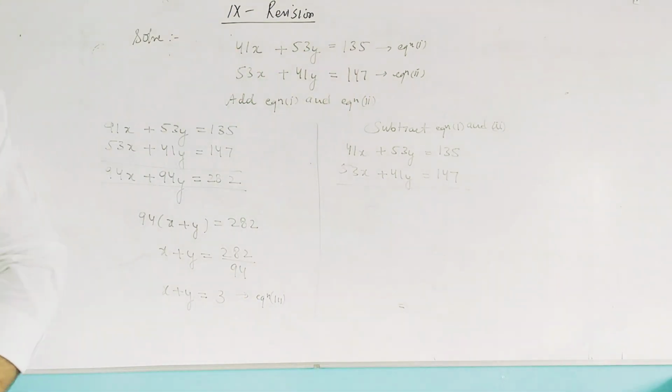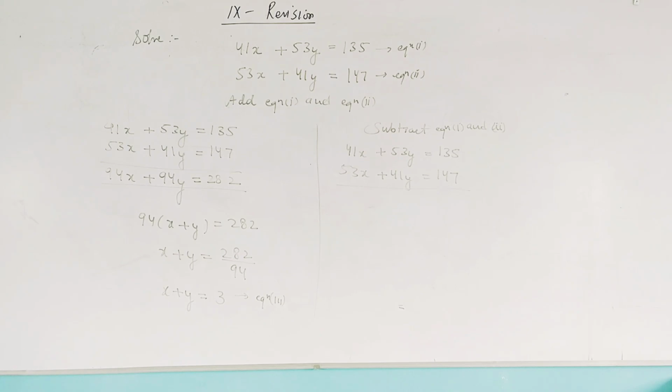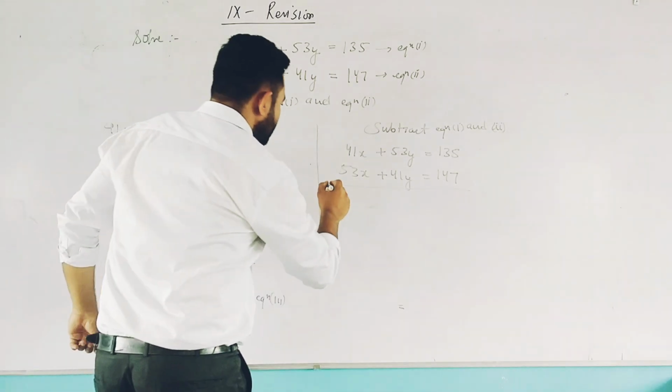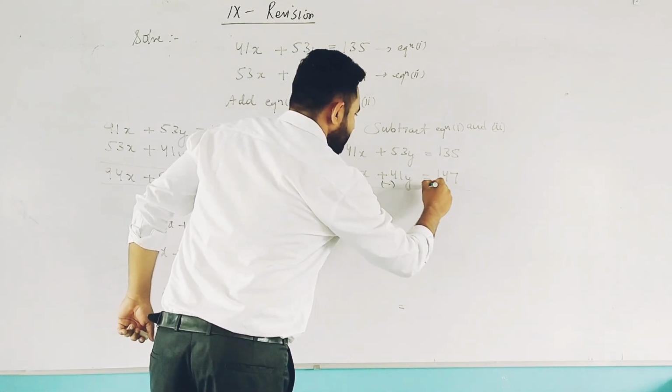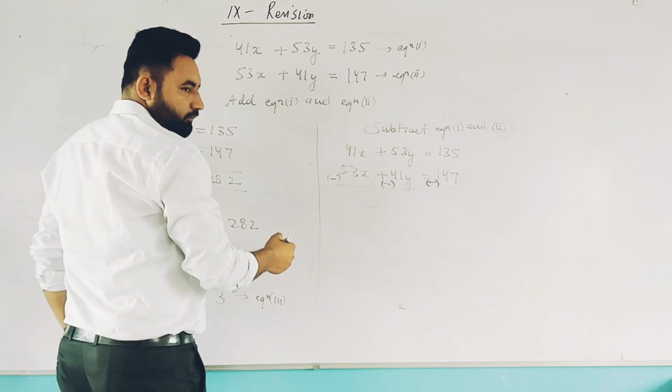And this time, as I am going to subtract it, we'll need to change the sign. Here all the signs are positive, so we need to write negative signs. So this becomes minus of 53x, minus of 41y, minus of 147.